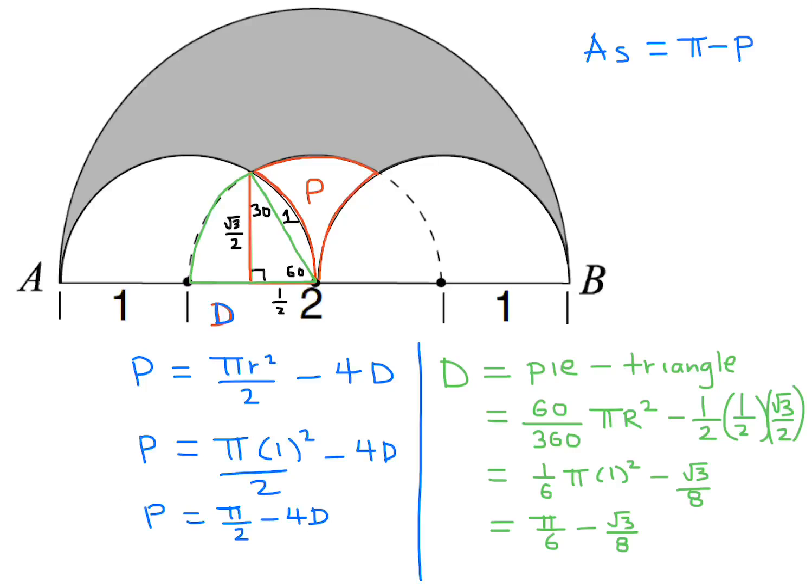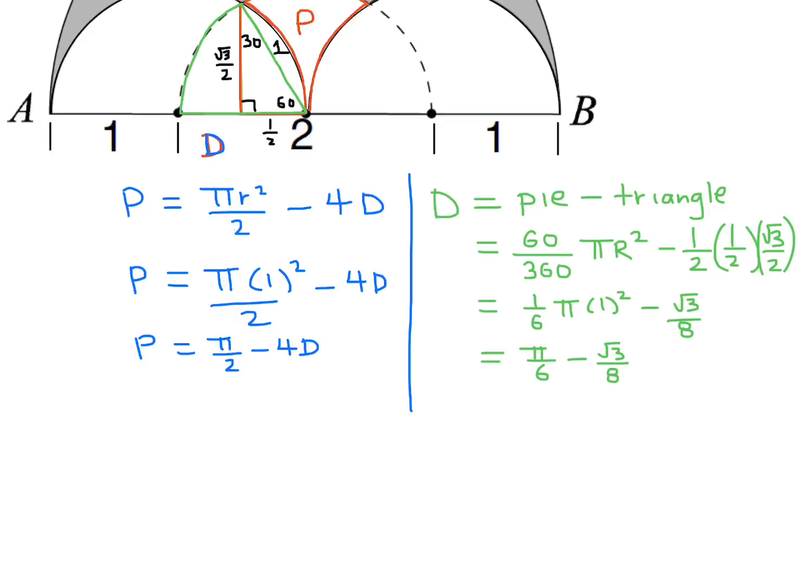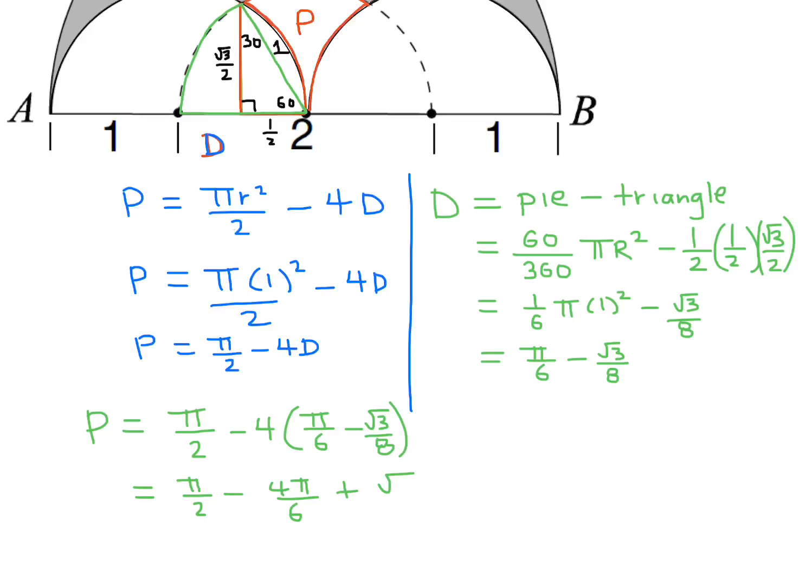And there we go. We are pretty much done. We have all of our numbers. We just have to now put it together. Let's move this up a little bit. We've got d, so we can figure out p. It's going to be pi over 2 minus 4 times d. d is pi over 6 minus √3 over 8. So this becomes pi over 2 minus 4 pi over 6 plus √3 over 2.